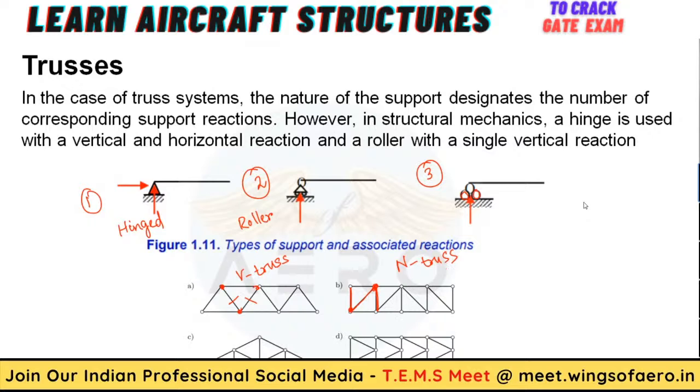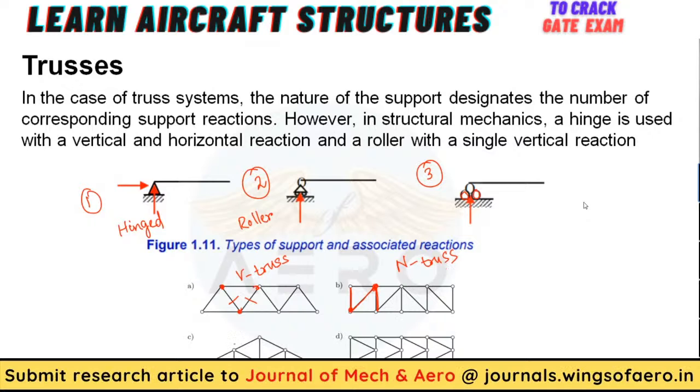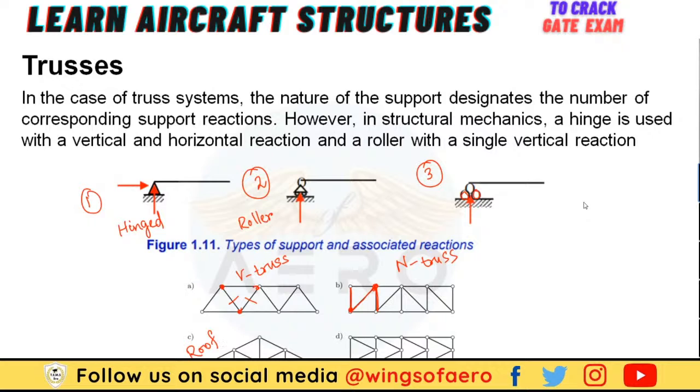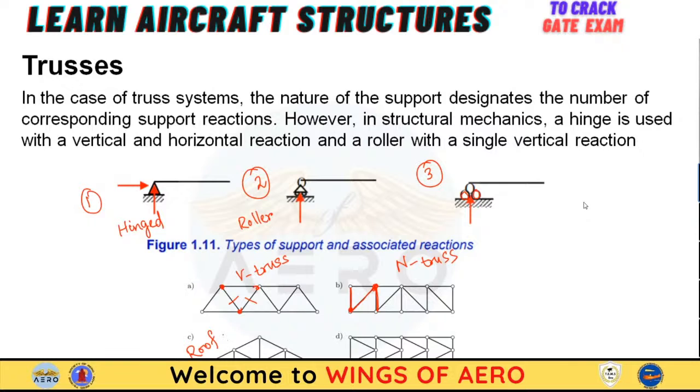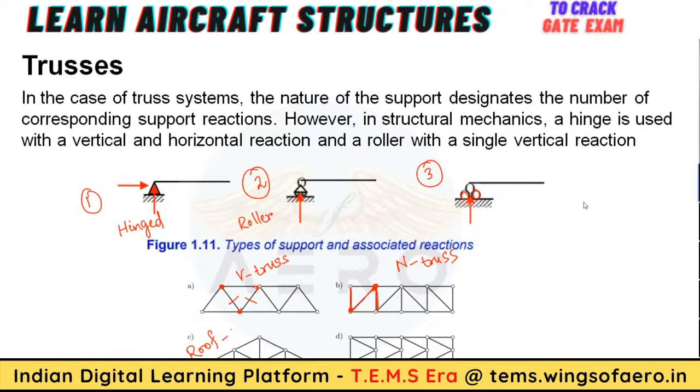Now, when there is a combination of N and V combined and it looks something like this, you can mostly find it in your campus, in the labs where they are constructed. These are mostly used in roofs, so that's why it is called a roof truss.